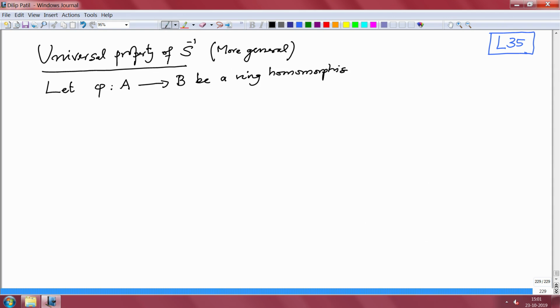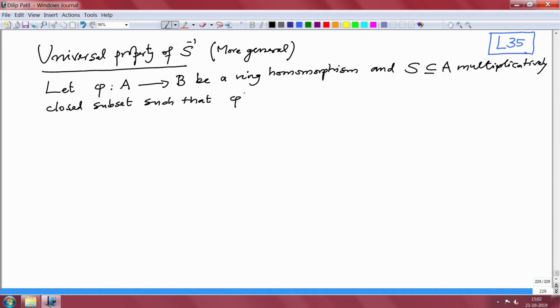In the previous version of the universal property, there was only one ring, but now there is another ring B also, and S is a multiplicatively closed subset in A such that the images of S under phi are all units in B. That means every element small s in S, the image phi(s) should be a unit in B.